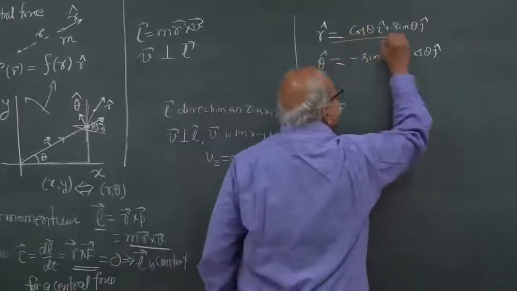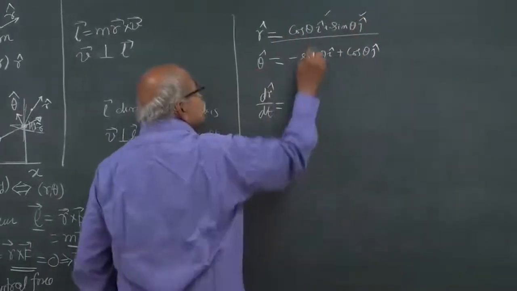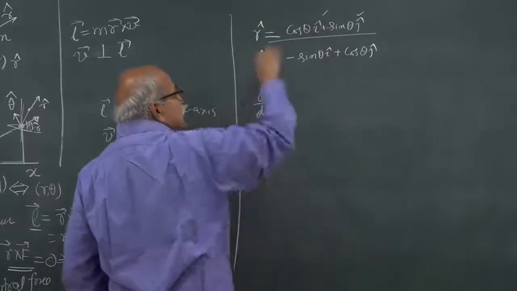Okay, so here is r cap; these are fixed vectors i cap, j cap, theta can vary, theta is variable, theta can change as the particle moves.